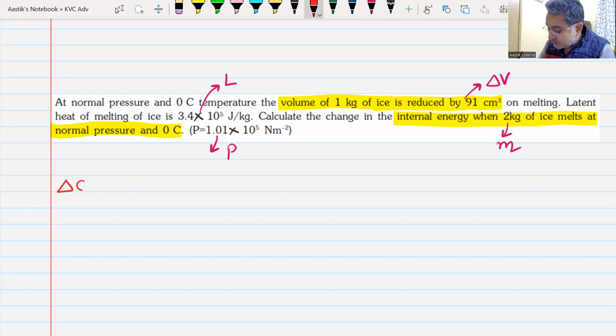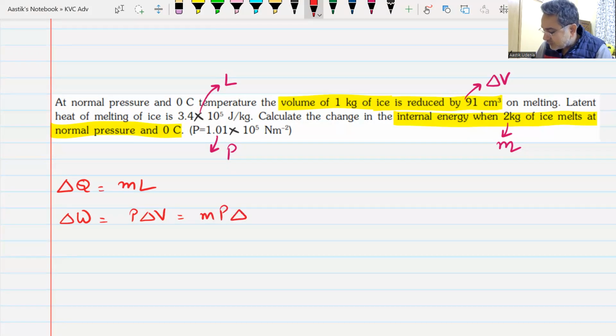How much heat energy will be required? M into L. What will be the work done? Pressure multiplied by change in volume. 1 kg of ice, volume changes by delta V. M kg of ice, volume will change by M into delta V. So work done is P into M into delta V. Then you can write delta U is equal to delta Q minus delta W. M you can take common.